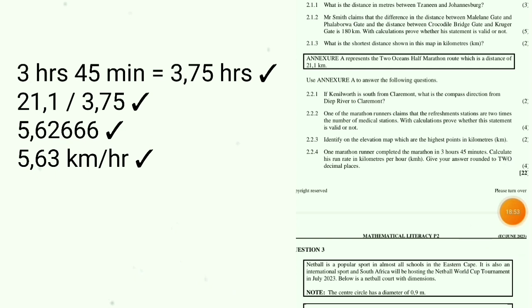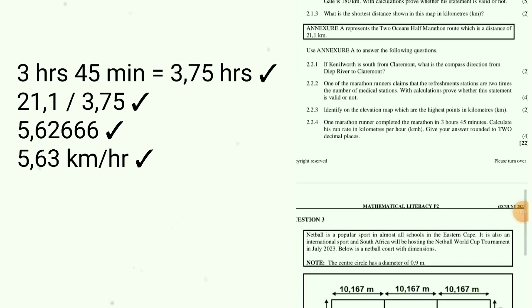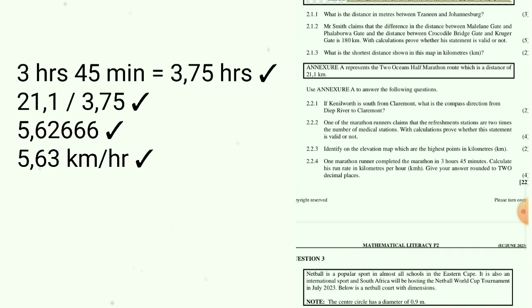And why do we use the 3.75? We just converted the minutes into hours. We only need hours. That's why we said 3.75 hours. So you just convert and then you start calculating. I hope you guys can understand.